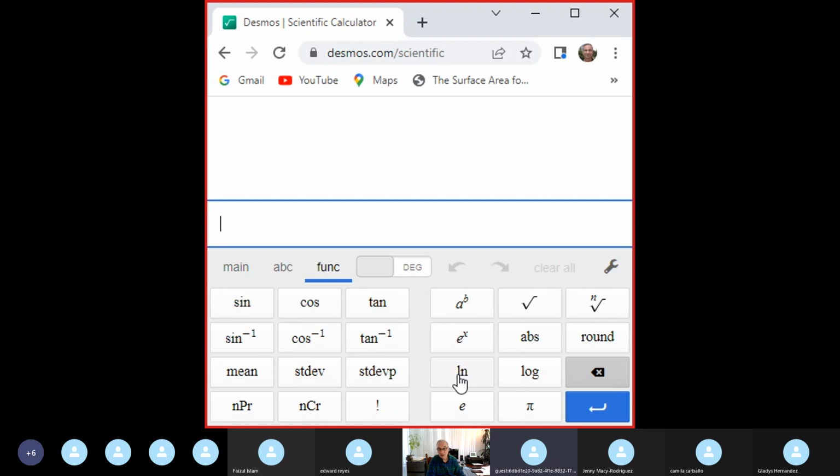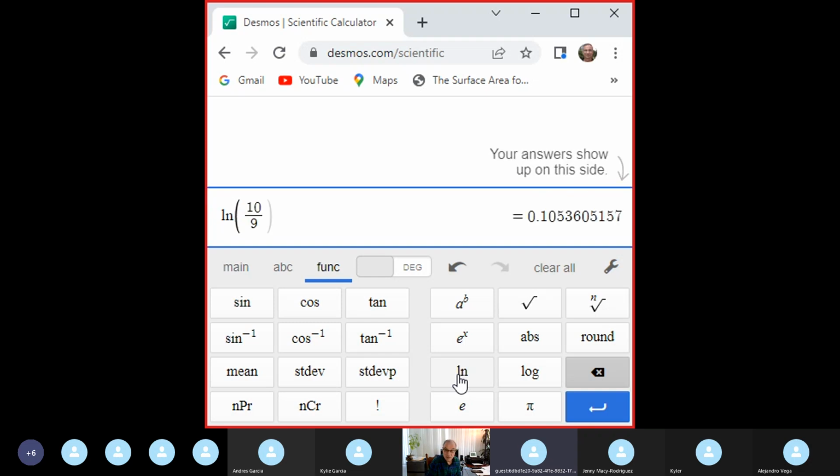You try to find the key in your own calculator, Camila, in which you put LN. LN of 10 over 9. Now division. Outside division is this number in my keyboard.